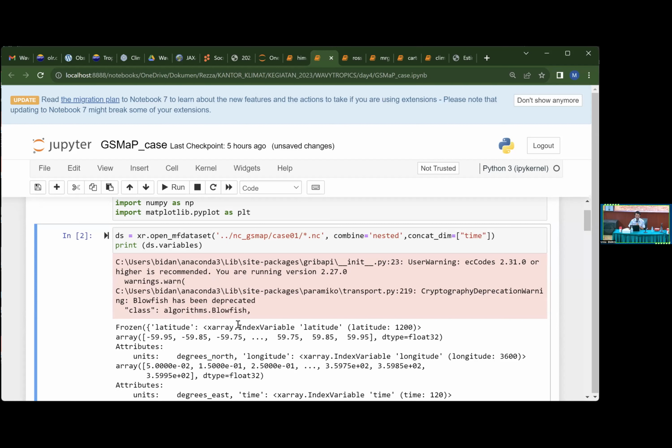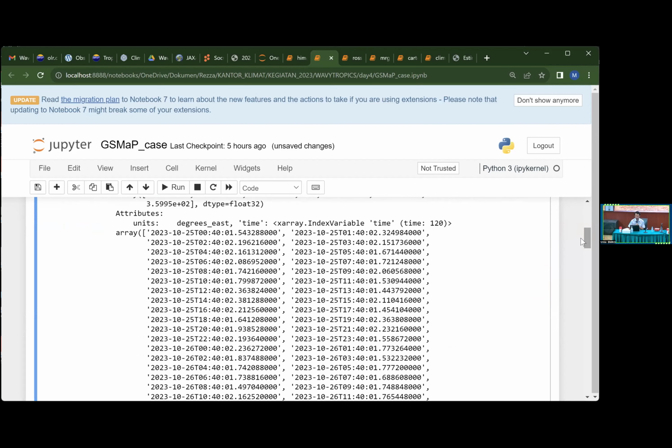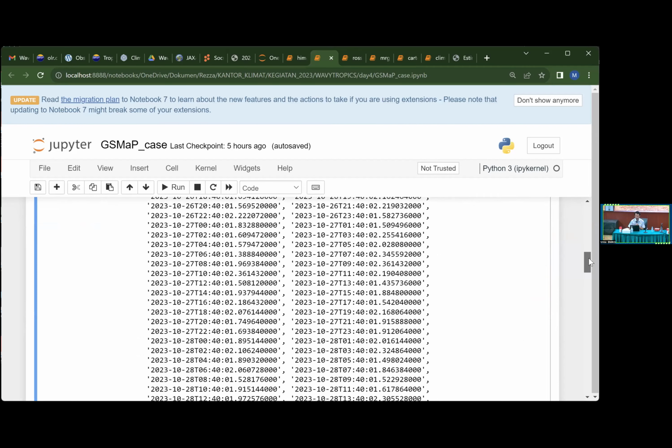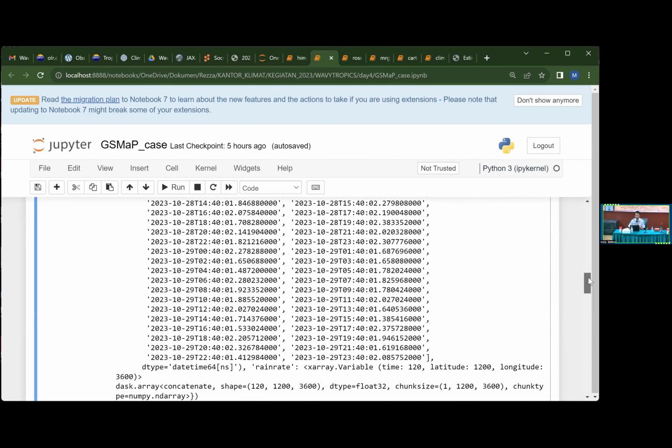It will show the variables. There is the latitude variable and longitude, and because the GSMaP data is from north 60 to south 60, and this is the time. The time is automatically read by the package. I put the time for October 25 until October 29, like this. So you have this time series of data.